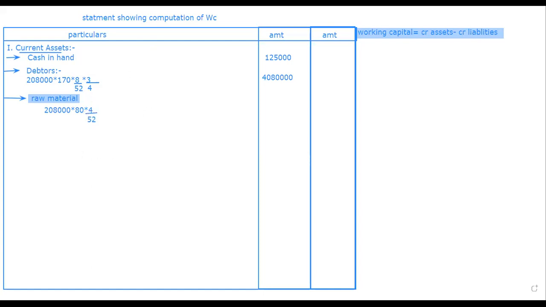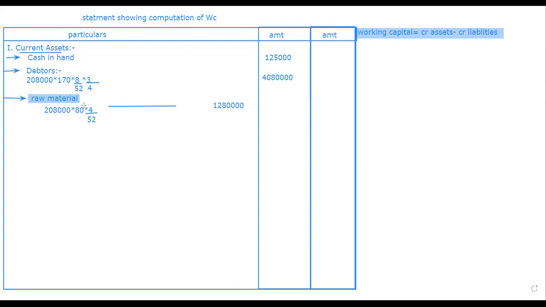Now to make it easy to understand, I'm taking the price here itself. I want to add the stock all together and show you the outer price only as one. So when I'm multiplying 2 lakhs 8,000 into 80 rupees into 4 by 52, I'm going to get an answer of 12 lakhs 80,000. So my first bit in the stock, raw material, is completed.